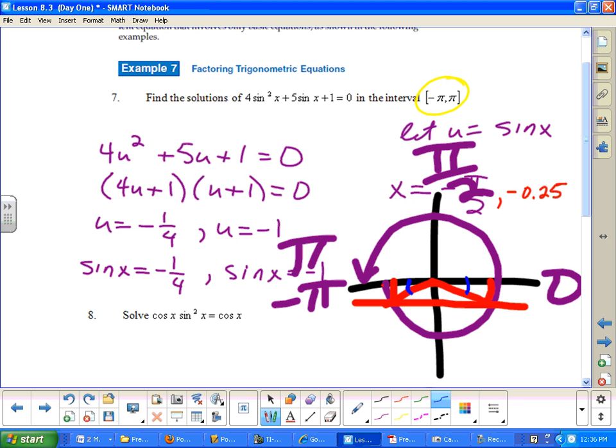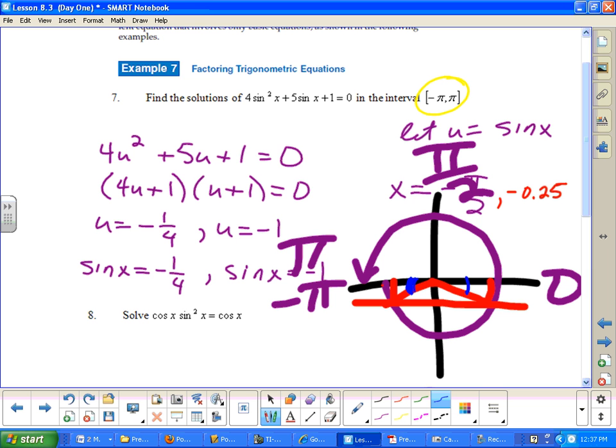So if this is 0.25 right here, that angle, well, we know that's 0.25 away from negative pi, right? Okay. Am I going to add it or subtract it? So here's the question.